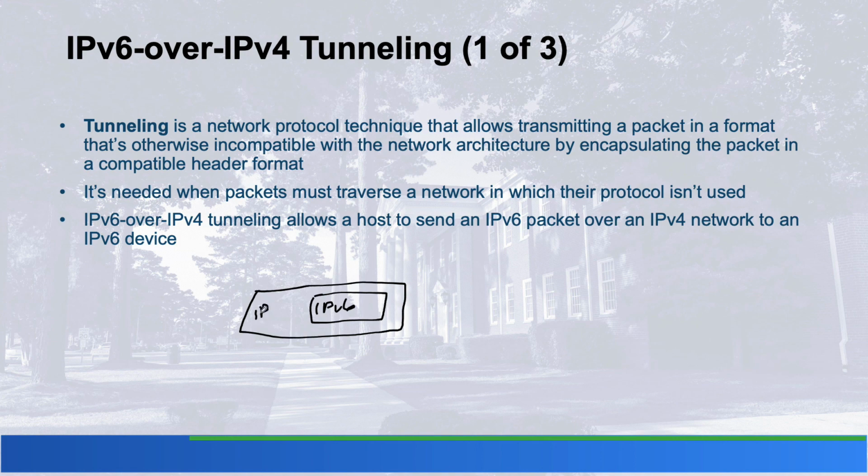So as you can imagine, you take a performance hit because you're wrapping the packet twice. Once the packet gets to the other end, the other router strips off the 4 headers and then dumps the IP version 6 packet out on the destination network.